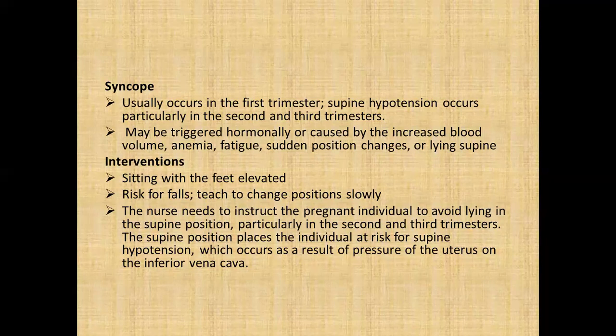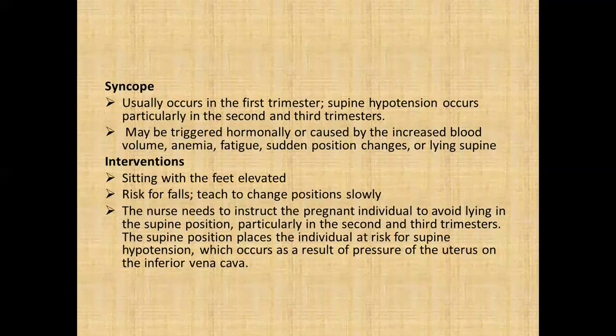So when, let's say, the person is asleep and wants to wake up, the person has to do that gradually to prevent a sharp drop in blood pressure that can lead to dizziness, and the person will fall. Then the nurse needs to instruct the pregnant individual to avoid lying in a supine position, particularly in the second and third trimester.